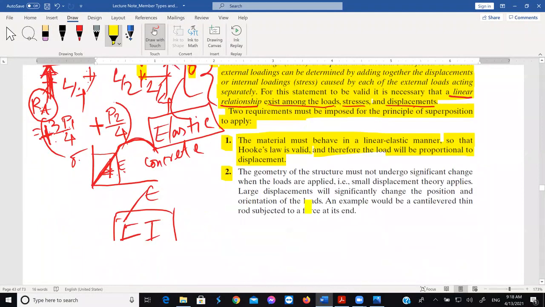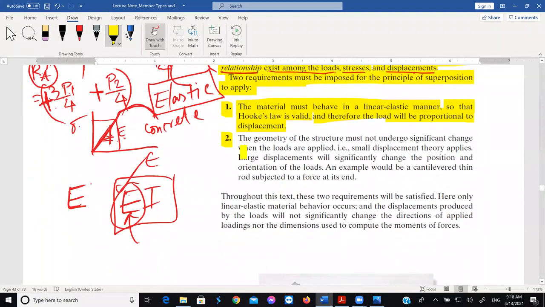So that's the explanation. Requirement number 2 is that the geometry of the structure must not undergo significant change when the loads are applied. We know no body is perfectly rigid, that means every material will deform under forces. So if you apply force P, there will be deformation.